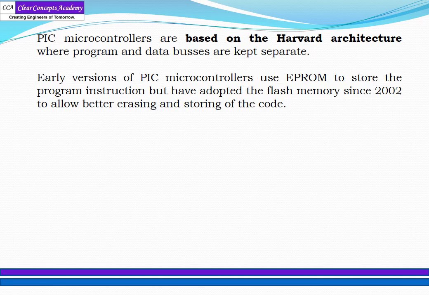If you use the EEPROM, you cannot easily change the program. If you have to change the program, you will have to first erase the EEPROM and store new data, or you will have to replace the EEPROM with a new program. Whereas in case of flash memory, you can easily change the program, you can reload the program in a flash memory.